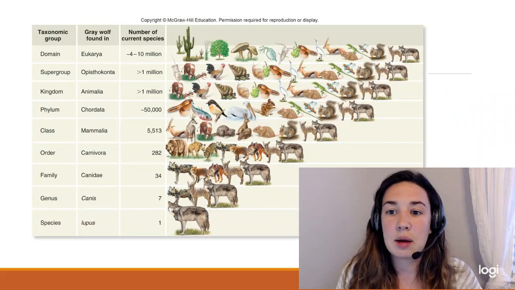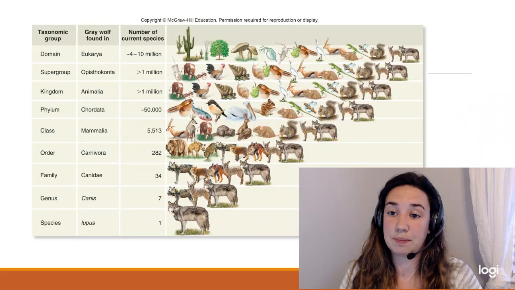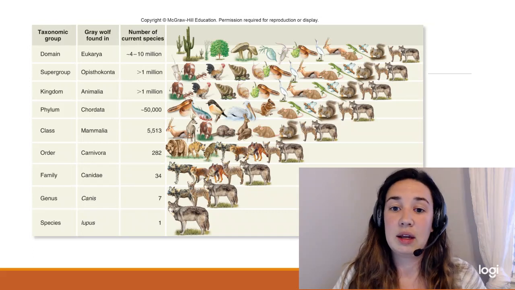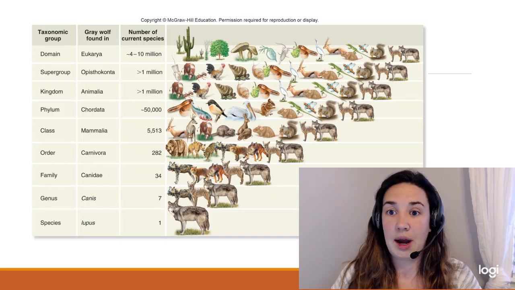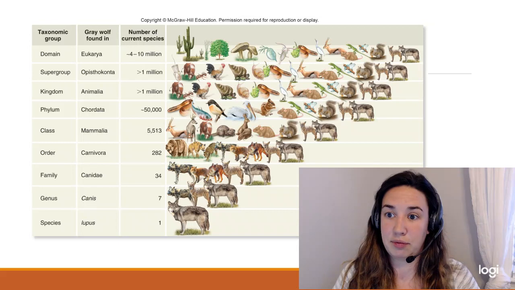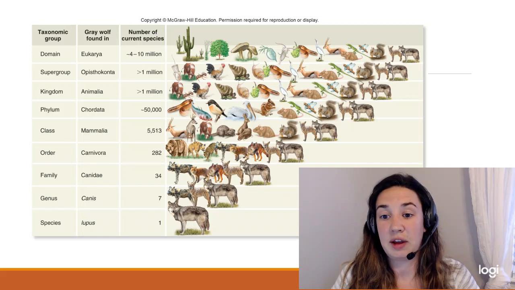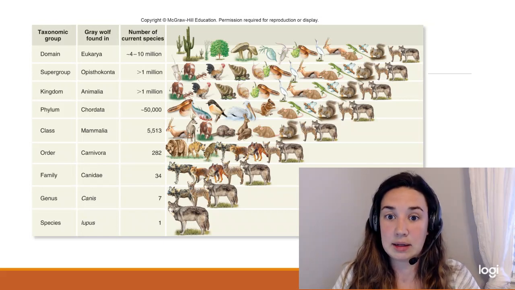So when we talk about classification, we have to talk about it in a hierarchical sense, as I mentioned before. It goes from very broad and encompassing to very specific and distinct. When we talk about domain, that is the largest group.